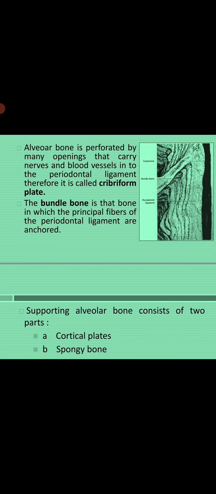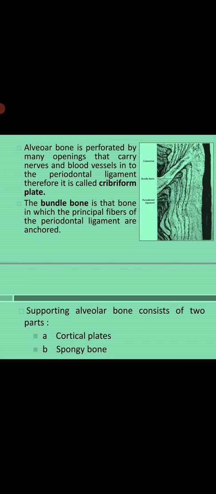The bundle bone is that bone in which the principal fibers of the periodontal ligament are anchored. It means the bone in which the principal fibers of the periodontal ligament are anchored is known as bundle bone.